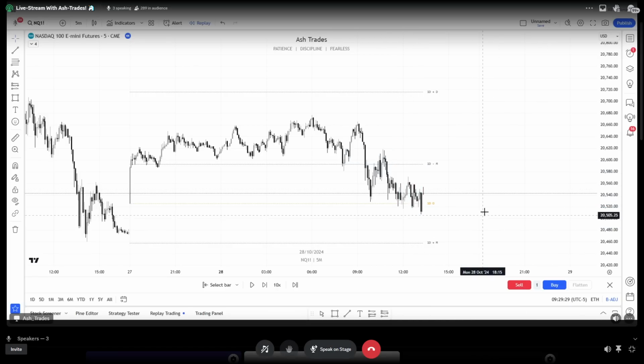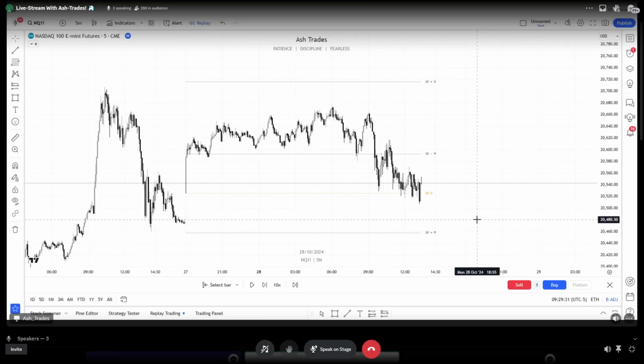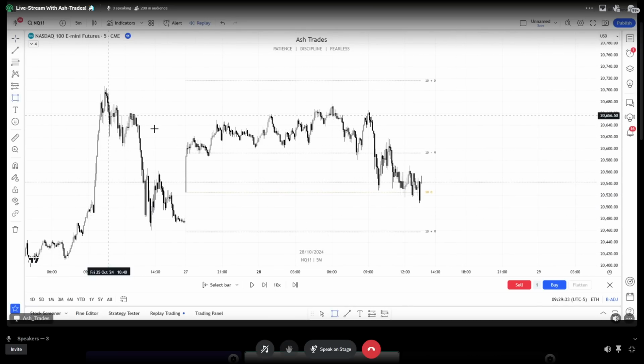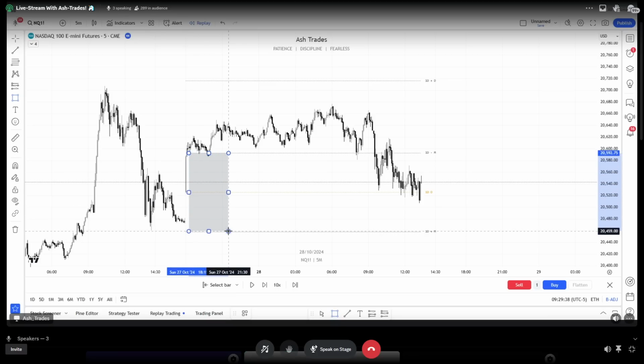So I'm going to go back one more time to point out the logic. The logic being, here's always going to be your range here. We're going to identify the range each time. And then, depending on what price does to the range, is how we're going to use it. Meaning, does price go above or below the range?